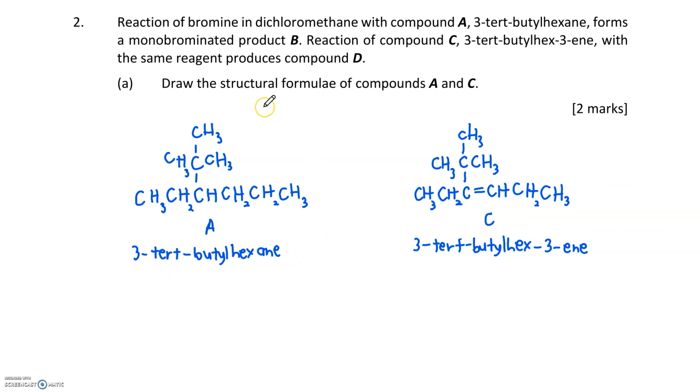This is the structure of compound A, and this is the structure of compound C. Compound C has a carbon-carbon double bond on carbon number 3, which also contains the substituent group.